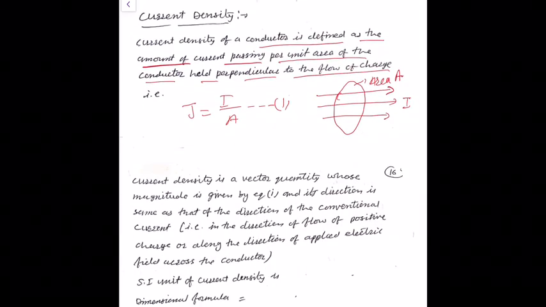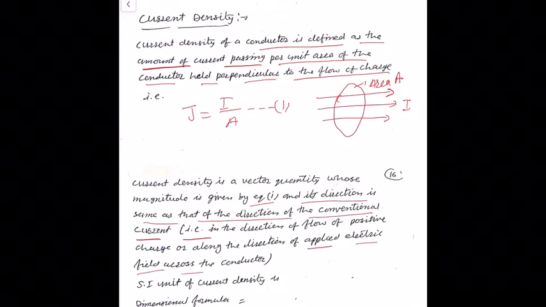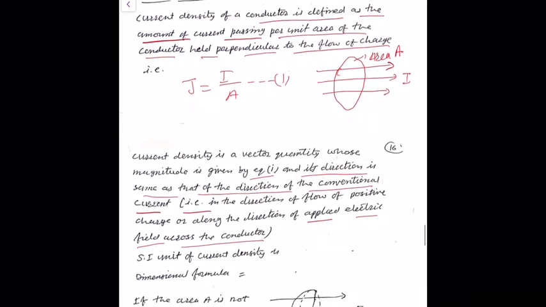Current density is a vector quantity whose magnitude is given by equation first and its direction is same as that of the direction of the conventional current, that is in the direction of flow of positive charge or along the direction of applied electric field across the conductor.